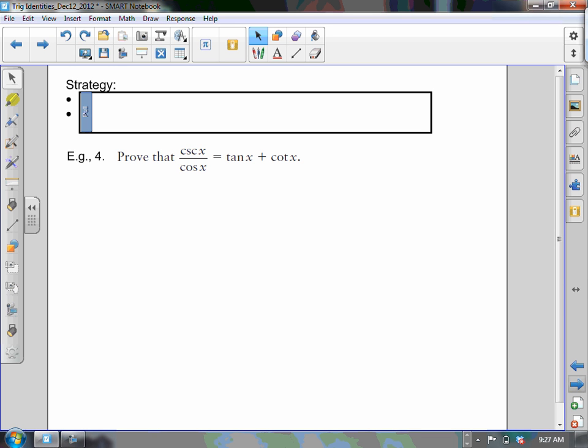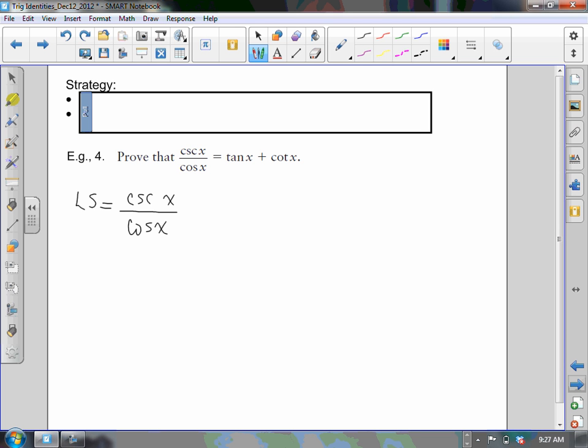We're going to prove that cosecant x divided by the cosine of x is equal to the tan of x plus the cotangent. So both sides have the same number of expressions, so we will probably deal with both sides one at a time. The left-hand side is cosecant x divided by the cosine of x.